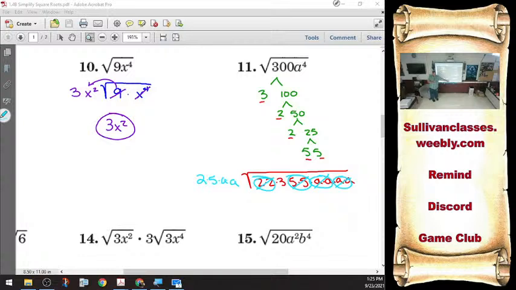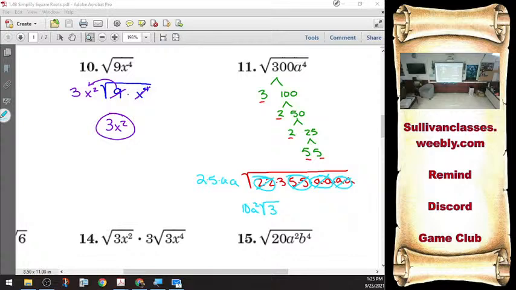So, everyone that got out of radical jail, go have a party. 2 times 5 is 10. A times A is A squared. And then, poor little 3 is just stuck there. The background music starts up. Everybody hurts sometimes. He's just stuck there in radical jail all by himself.